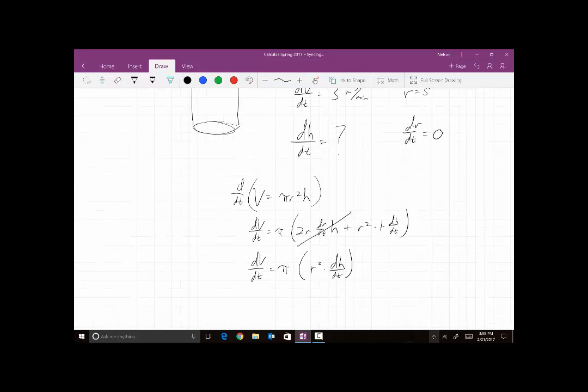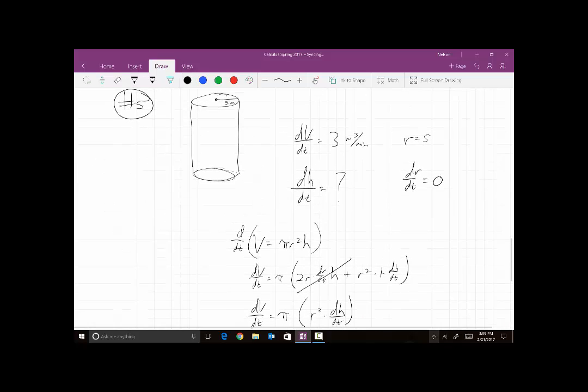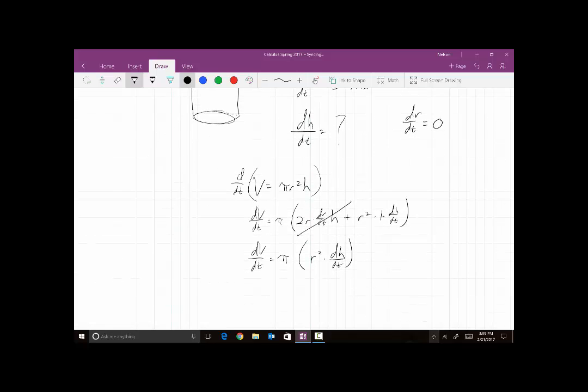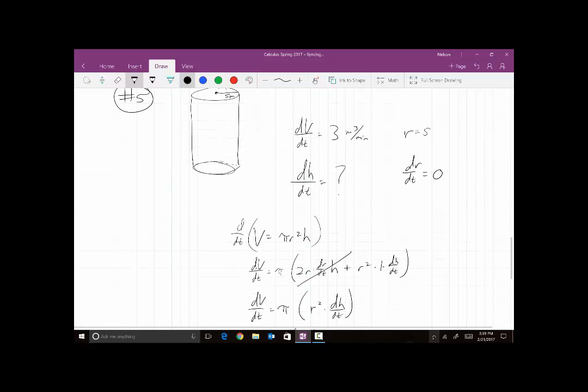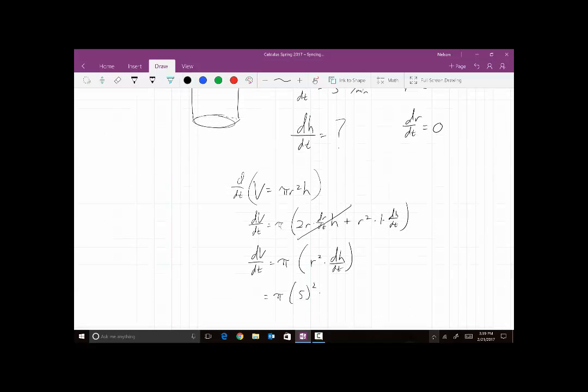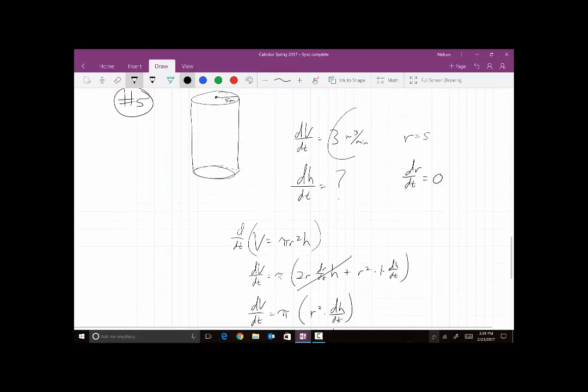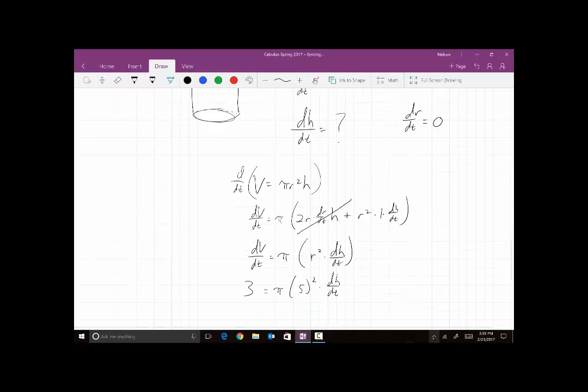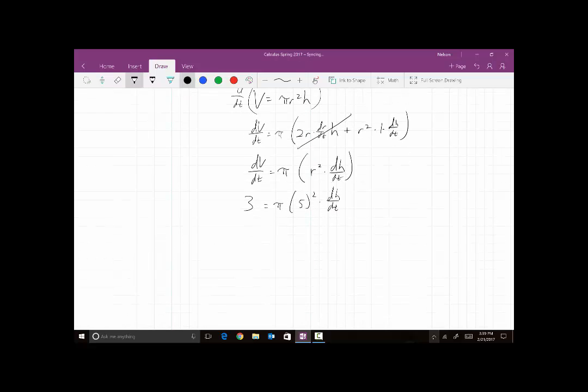And r, we're told, is 5. So this is going to be pi times 5 squared times dh/dt. dh/dt is what we're looking for, and dV/dt we're told is 3, so we plug 3 here. Now what we have to do is solve for this.